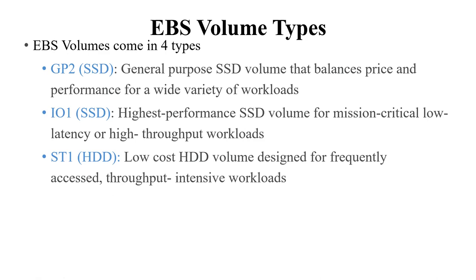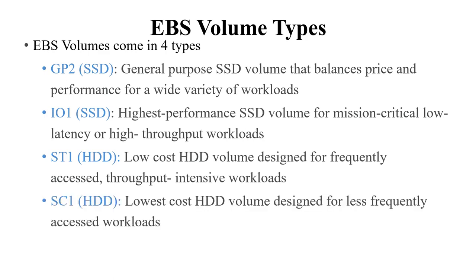That means a large amount of data I would like to transmit, writing or reading, especially from a data processing point of view. ST1 and SC1 are also the lowest cost volumes, designed for less frequently accessed workloads.